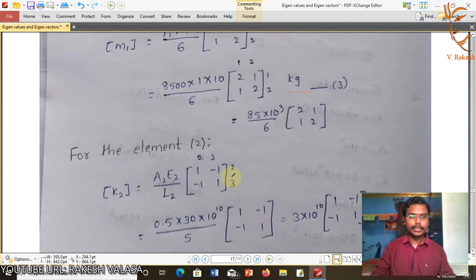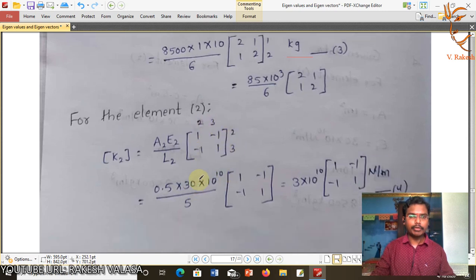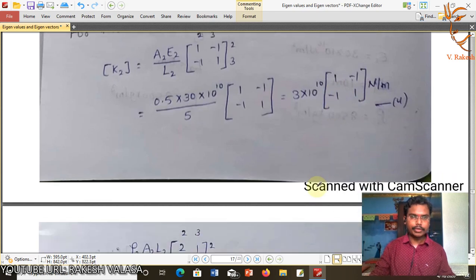Now substitute the given values: A2 equals 0.5 meter square, E2 equals 30 into 10 power 10 Newton per meter square, L2 equals 5 meters. This gives 3 into 10 power 10 times [1 -1; -1 1]. Units for the stiffness matrix is Newton per meter. This is equation number 1.